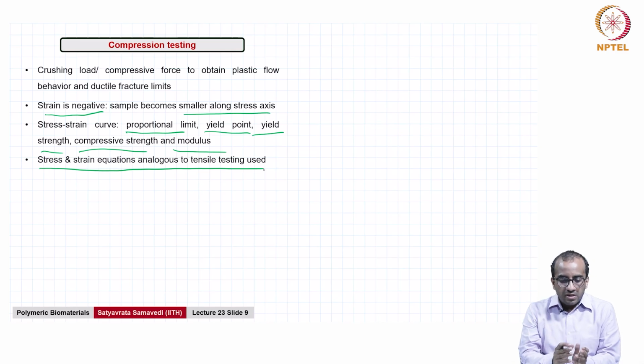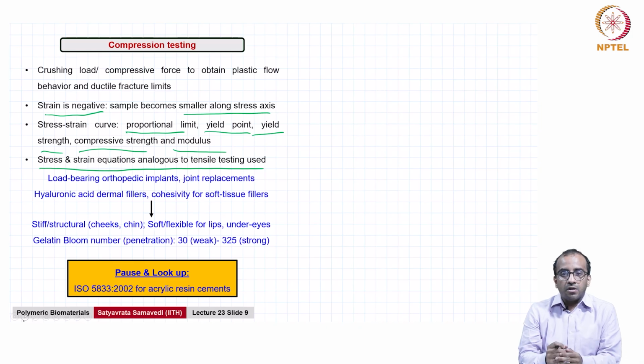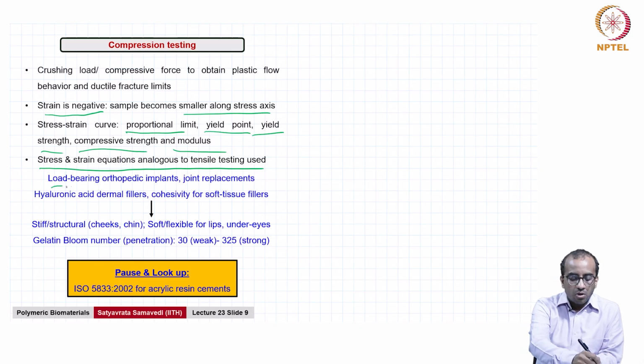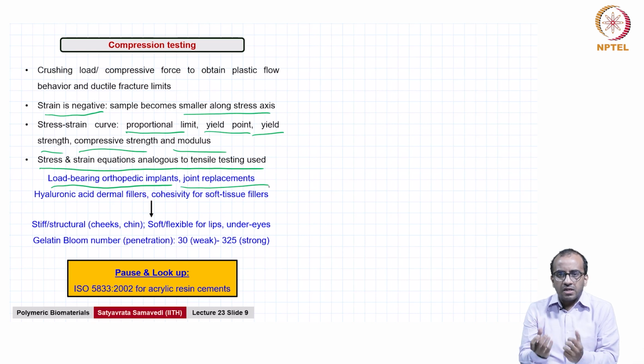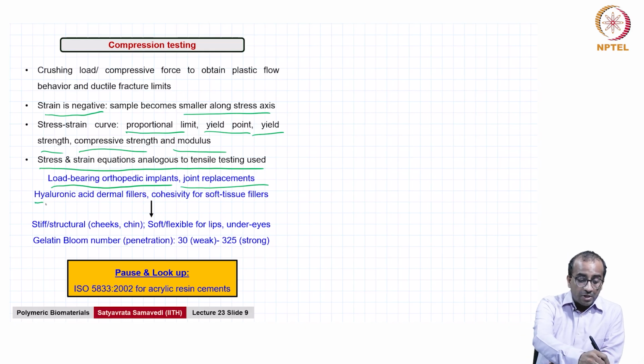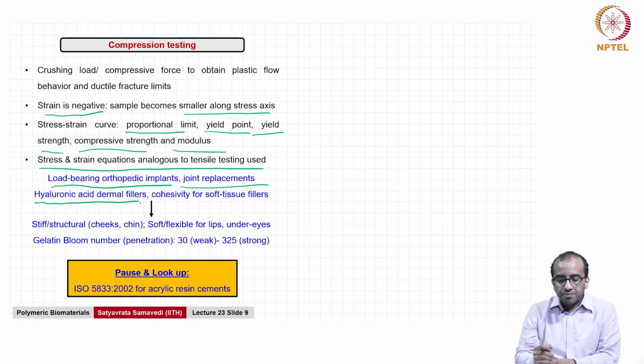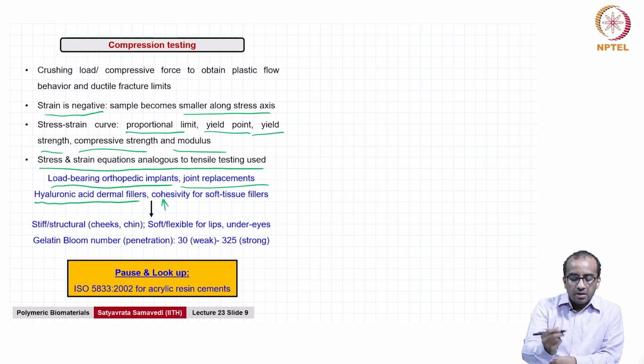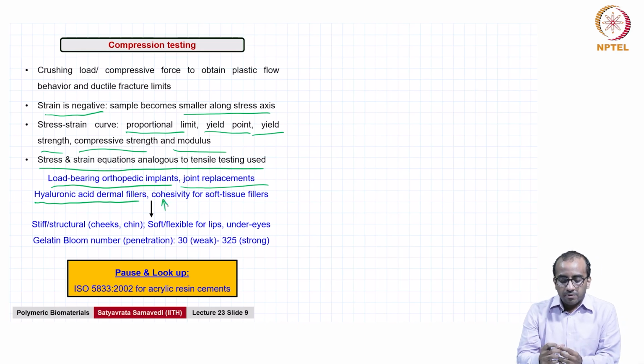Now, this kind of compression testing is quite often relevant for load bearing applications, particularly load bearing orthopedic implants, as well as joint replacements, as should be fairly clear to you because you're looking at compressive loads there. Something that may not be quite obvious but equally important is an application in terms of fillers. We've seen that hyaluronic acid is quite often used as dermal fillers, where cohesivity now becomes important, right?